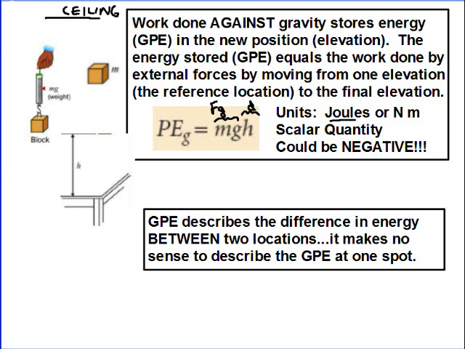So if this is my zero energy position, the ceiling, then anything below that would be a negative GPE. And again, I could describe that by saying what is the difference in energy between these two spots. If this is my position relative to the ceiling, this has less energy than it would up here, so my GPE at this spot would be negative.